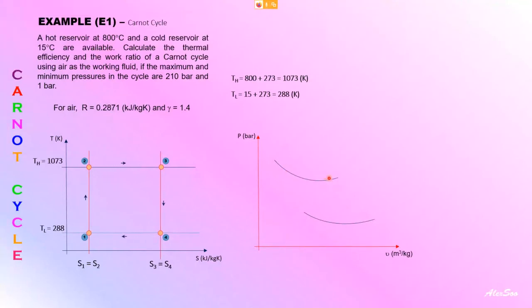So this will be your 1073 Kelvin and this will be your 288 Kelvin. And then these two lines here will be your isentropic or constant entropy lines. Then you have these 4 points here.